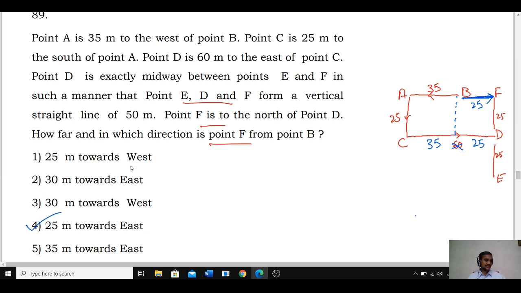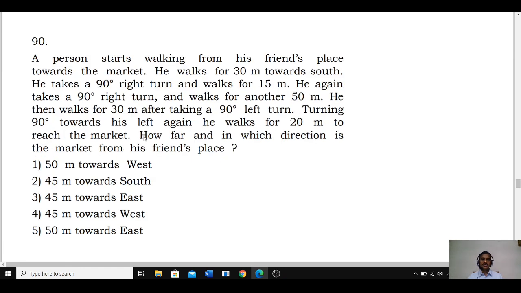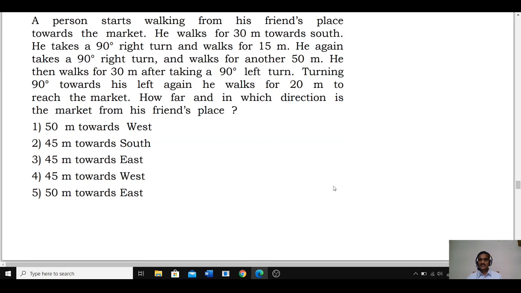Then coming to question number 90. A person starts walking from his friend's place towards the market. Let us take A as the friend's place. From here this person started moving towards the market. He walks for 30 meters towards south.